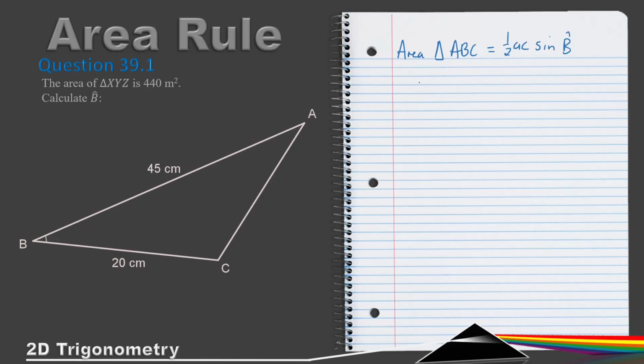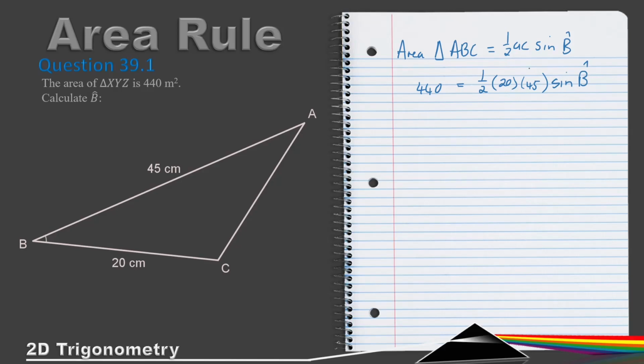So the area is given as 440, then half, A is 20, and C is 45, and then sine B, which is what we want to find.